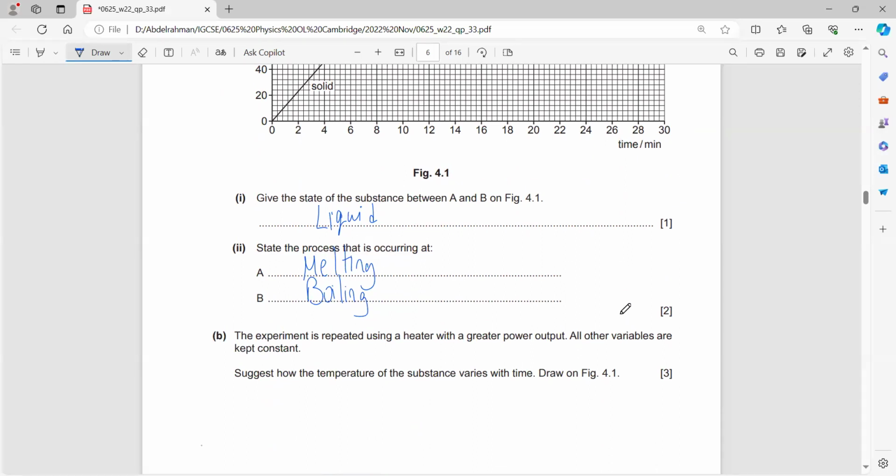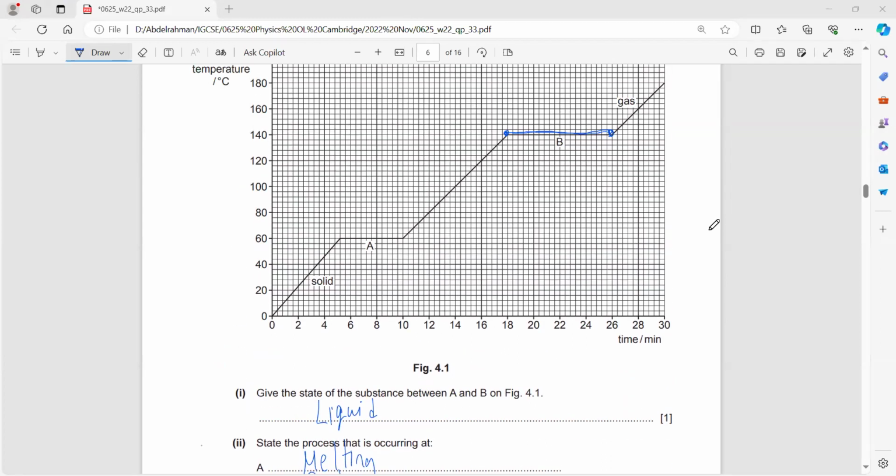The experiment is repeated using a heater with a greater power output. All the other variables are kept constant. Okay. Draw on figure 4.1 how the temperature would differ. How will it differ?